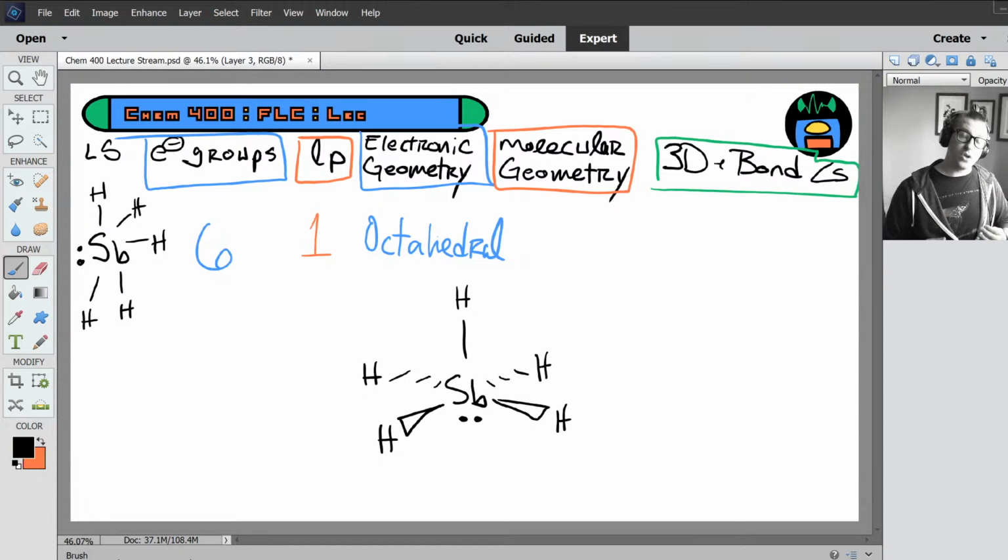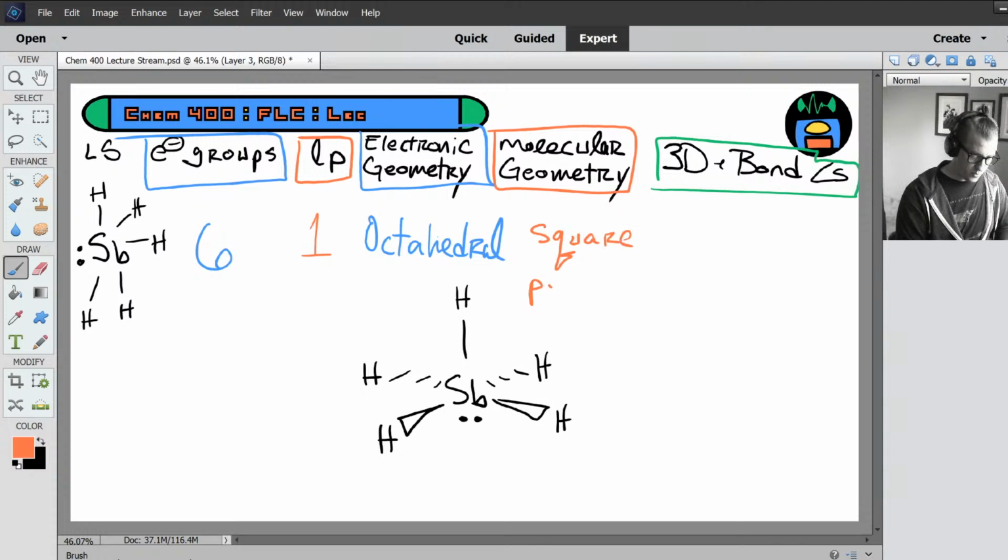So this is called a square pyramidal geometry.